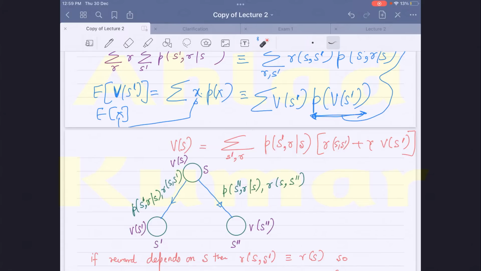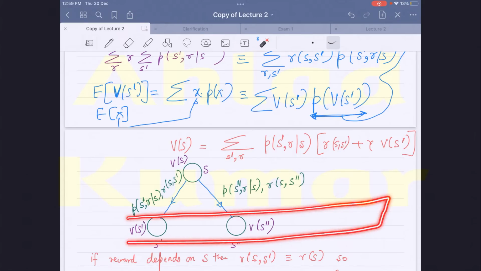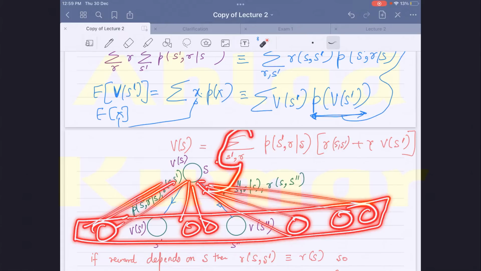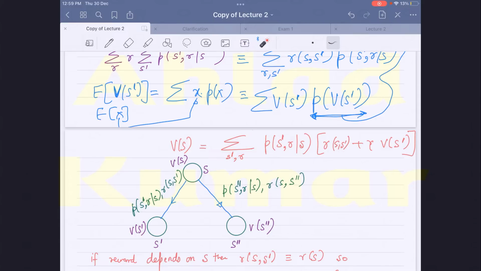So we are taking all the states that we have in the lower node. There will be multiple states like this, and we are considering all of them, and all these contributions are incorporated in this summation over S prime. We assume that all these states have their value functions calculated already, and then we are weighting it by a factor of gamma, the discount factor, because this is the next state with the value function.